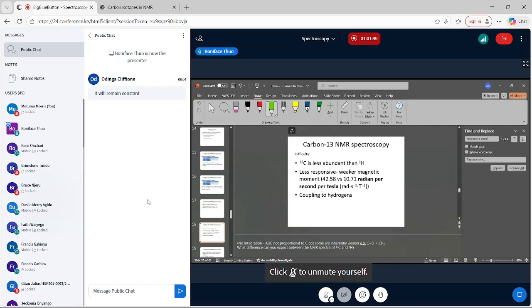So carbon-13 happens to have a weaker magnetic moment compared to hydrogen. So we have talked of 3 things that make it necessary to use a more advanced technique to carry out carbon-13.